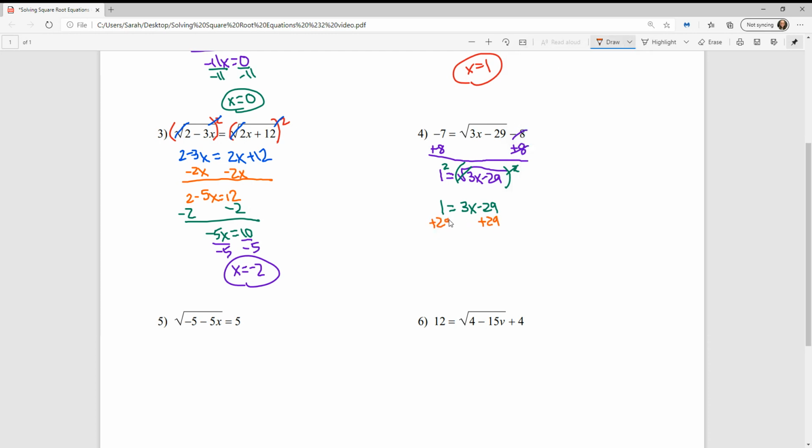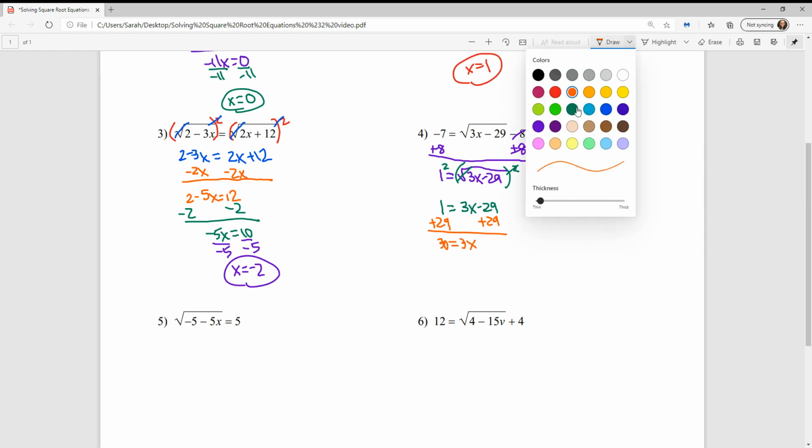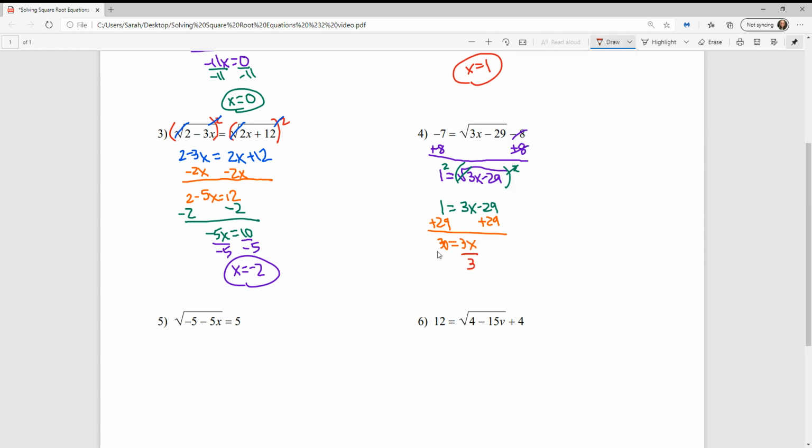Add 29 to undo minus 29. And then divide both sides by 3. We end up with x equals 10. Number 5, there's nothing happening outside of the root, so I don't need to do like I did here and add 8 or anything like that to start. Since everything on the left-hand side is inside a root, I can start by squaring. Make sure I square the other side too.